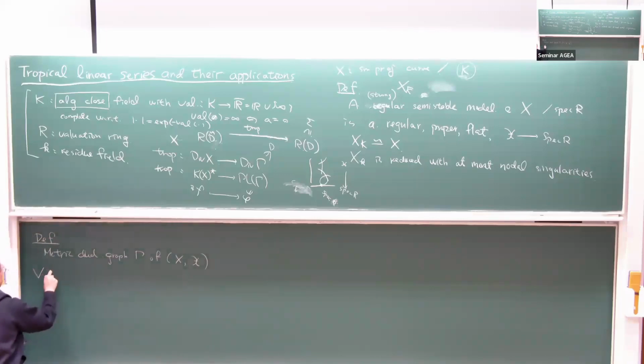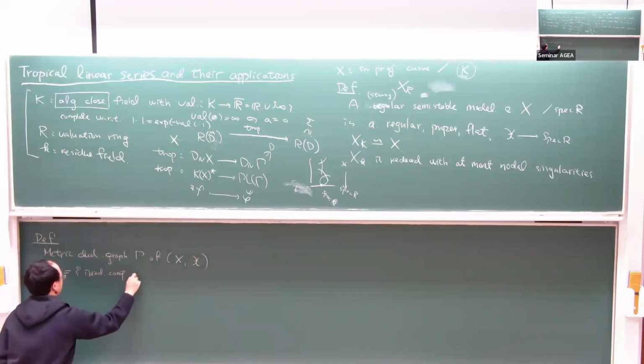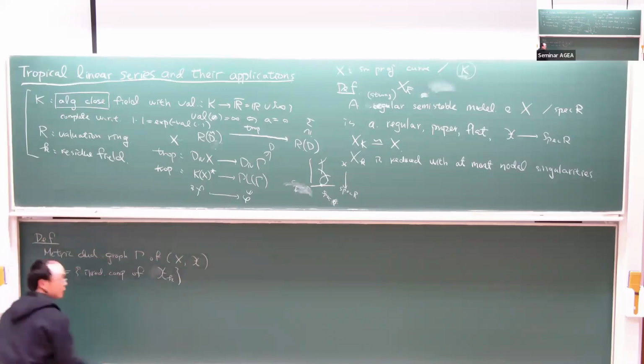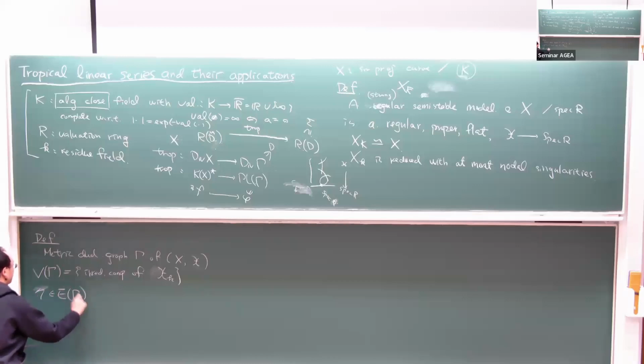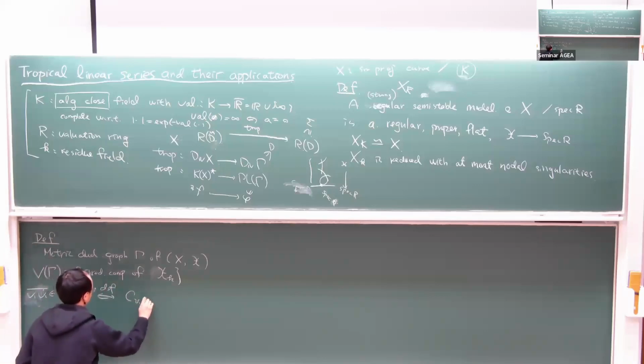First, the vertices of the graph are the irreducible components of the special fiber. So each curve gives you a vertex. And we have an edge connecting two vertices if and only if the corresponding irreducible components intersect.